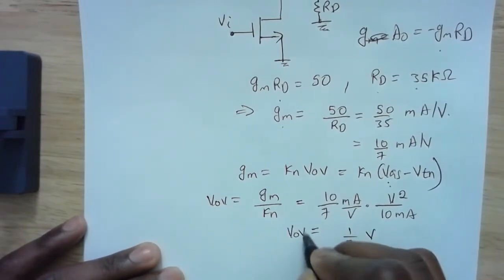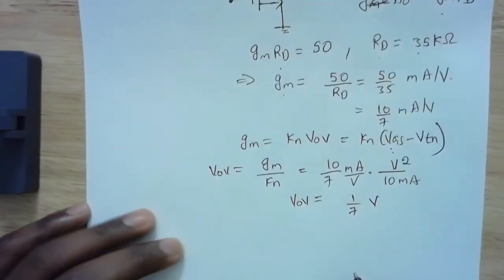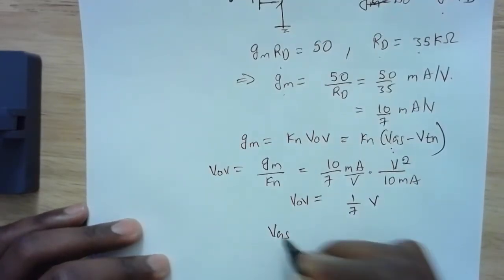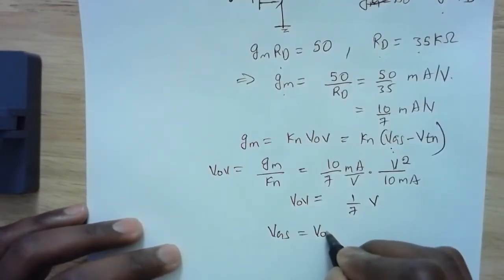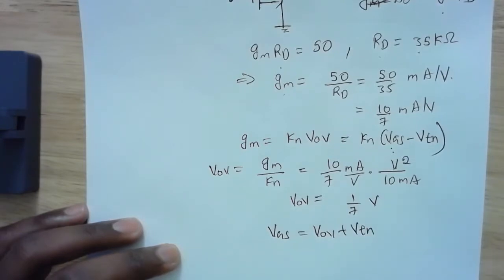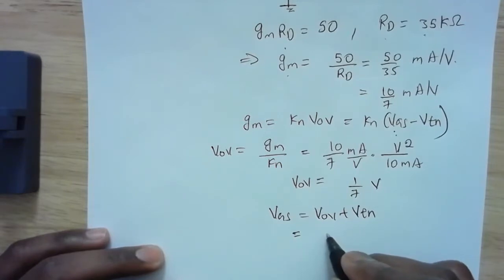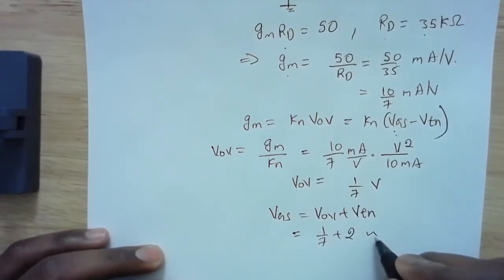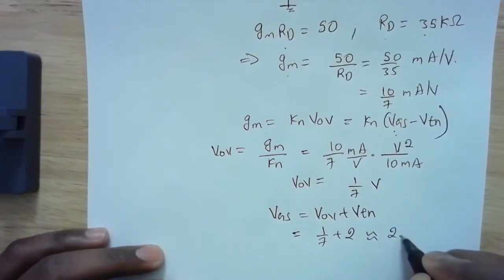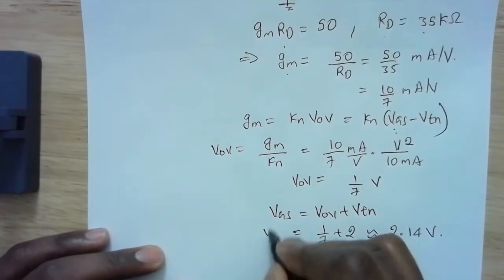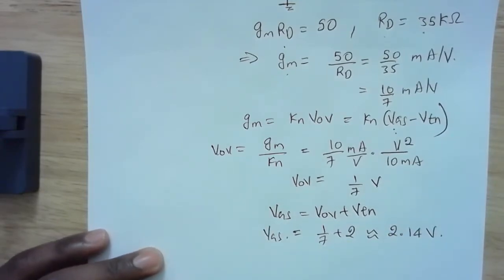That's my overdrive voltage. So my DC VGS will be equal to the overdrive voltage plus VTN, which is 1 over 7 plus 2, approximately equal to 2.14 volts. So that's my gate to source voltage, the DC voltage.